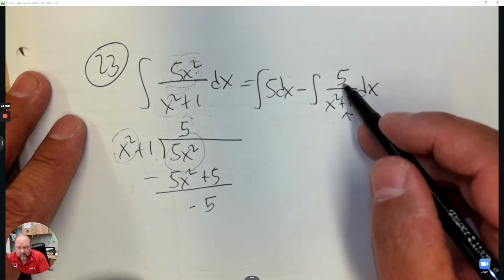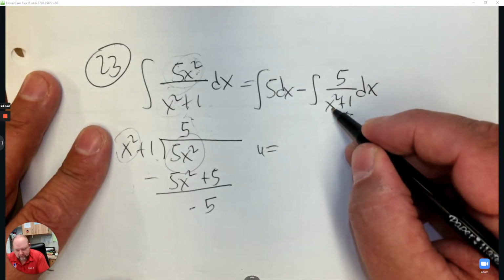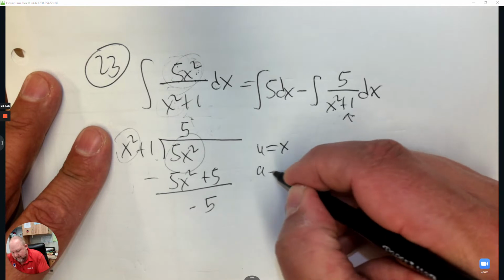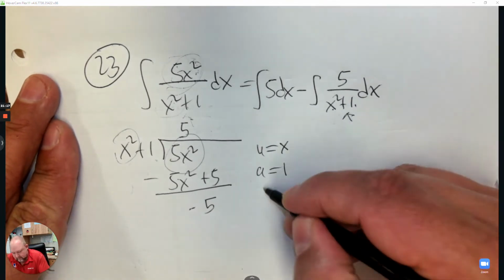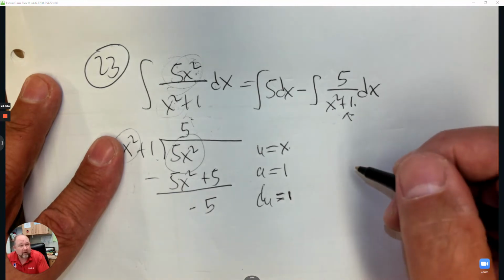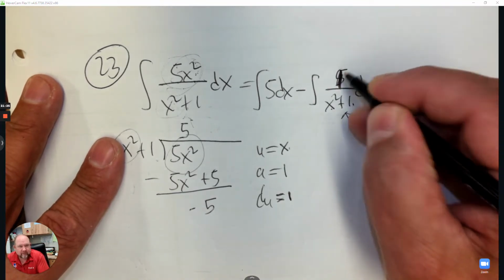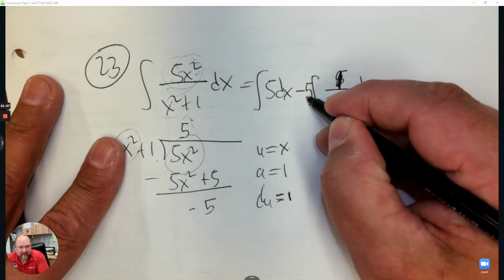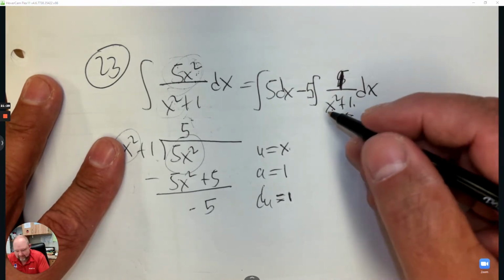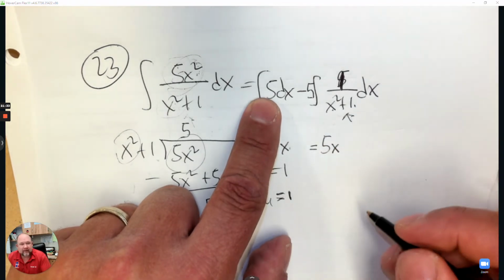This is actually arctangent that's left, where u is the square root of x squared, a is the square root of 1, and then the derivative of x is 1. So this numerator should really be 1, which makes this in front a 5, and now I can actually integrate it. So the integration of 5 is 5x.